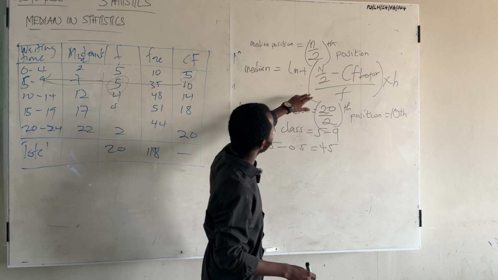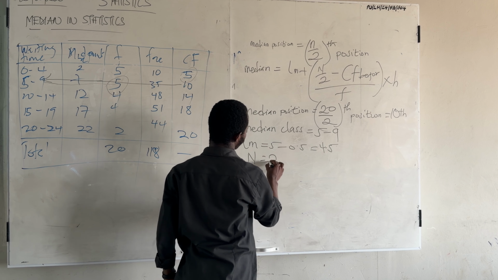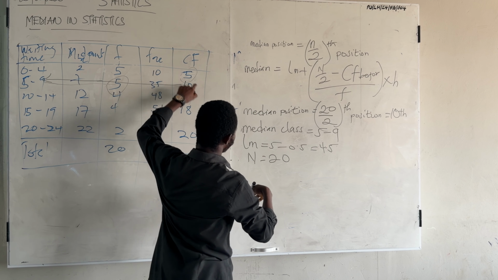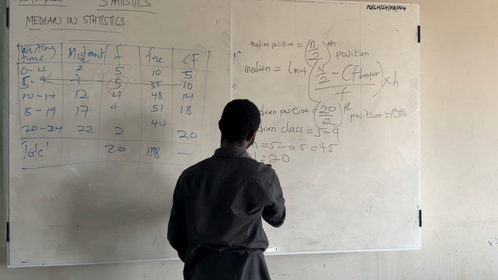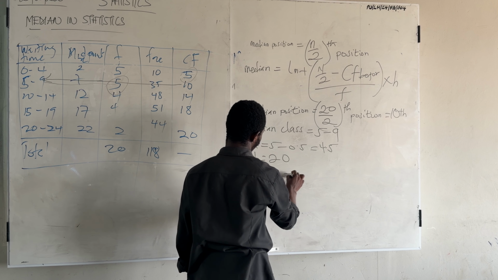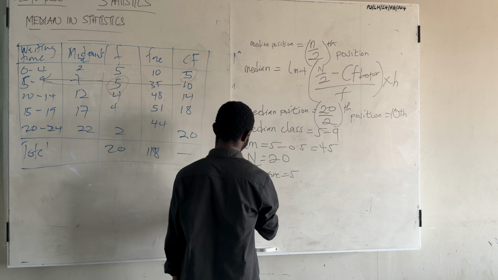The next thing we are supposed to find is the N, which is here, 20. Our CF before is 5. And then the F is 5.